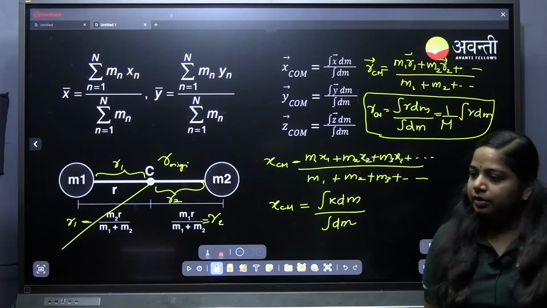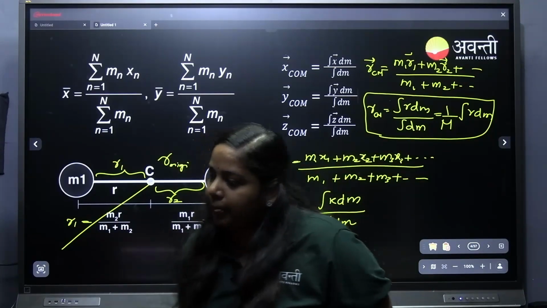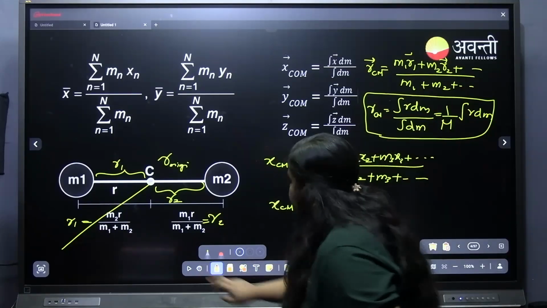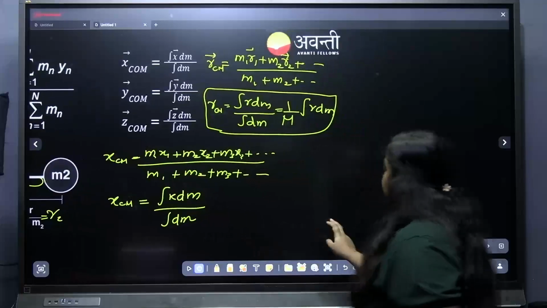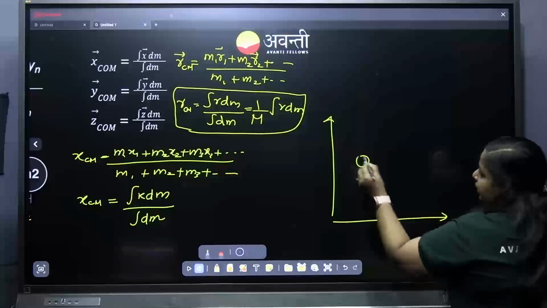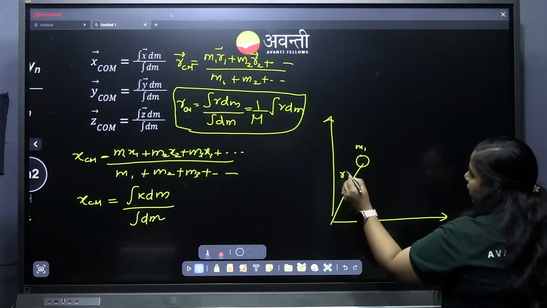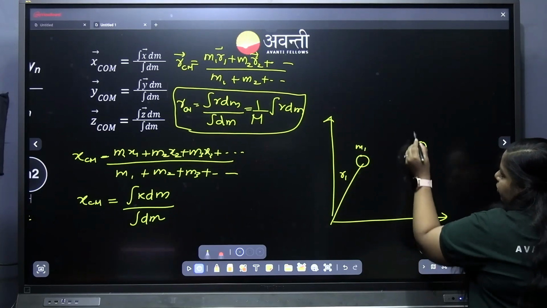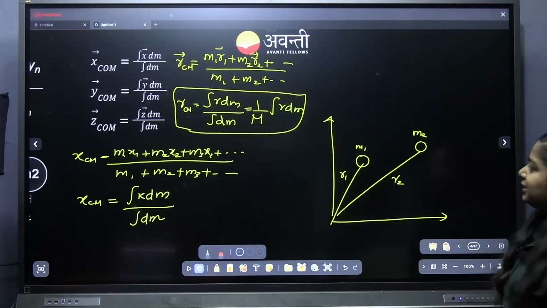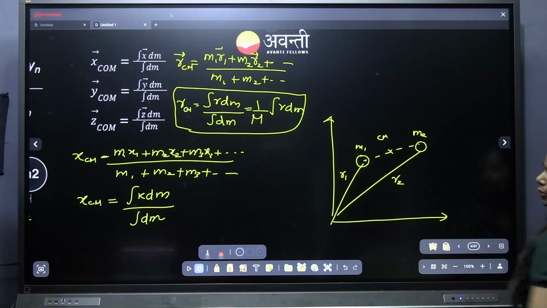Can you take one example for this? This application, can you take one example? See, if it is given that mass m1 is located at r1 and m2 is located at r2, in this case the center of mass will be somewhere on the line joining m1 and m2.